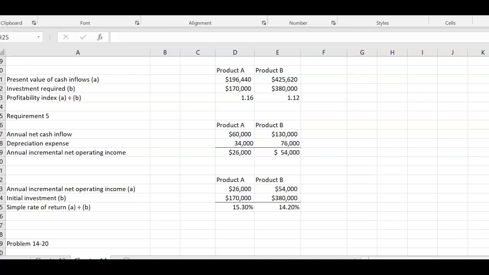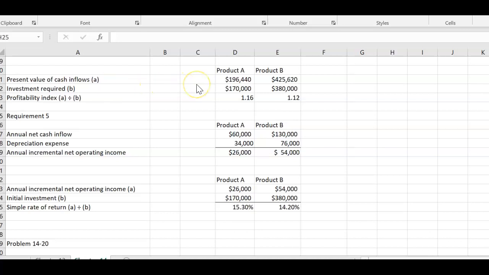I would now like to review requirement 4 for problem 23. Requirement 4 asks us to calculate the profitability index of each product. We would have to go up to requirement 2 to see the present value of the cash inflows.